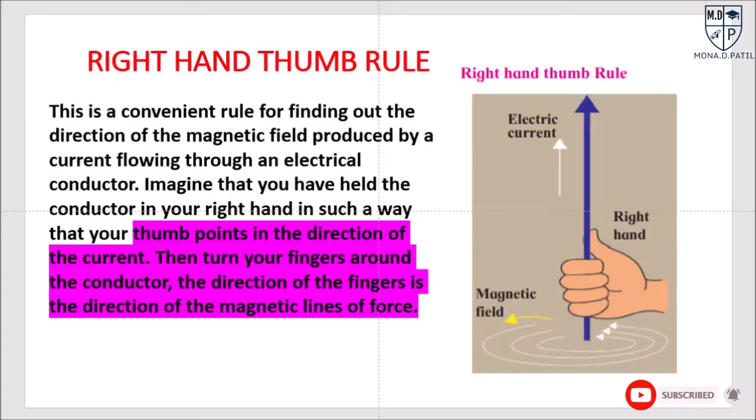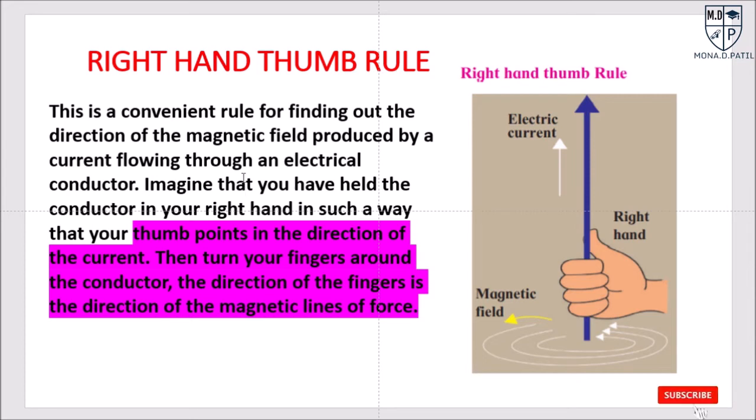Then we will see the right hand thumb rule. If you understand it, further explanation will be easier to follow. This is a convenient rule for finding out the direction of the magnetic field produced by a current flowing through an electric conductor.